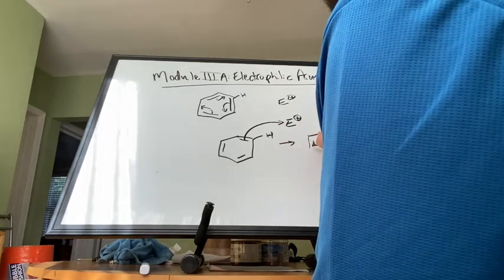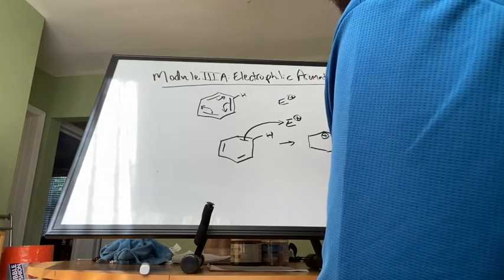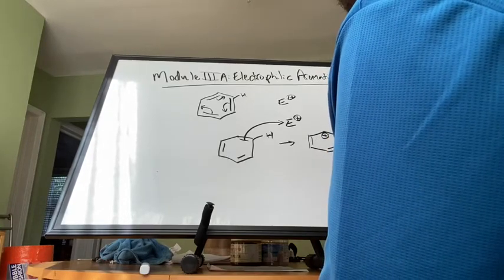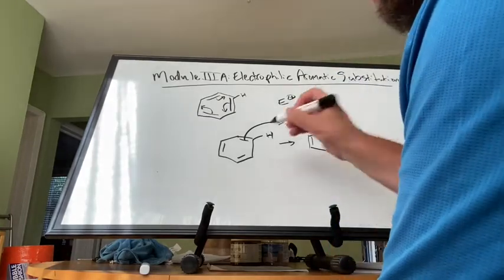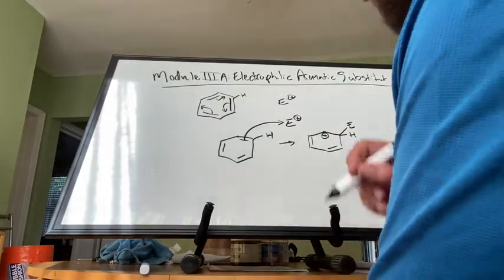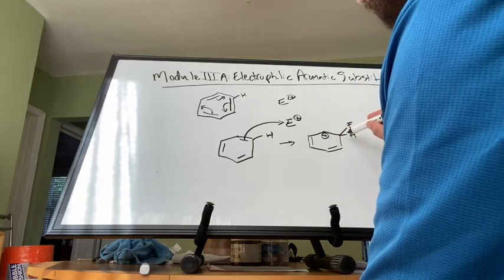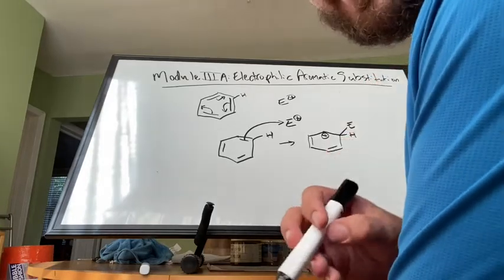Okay, and as a result, you're going to get a positively charged species about the ring. So this electrophile is hanging on the same carbon where that hydrogen is that I've indicated from the first step. Okay, and then by having this positive charge here, it's going to pull these electrons further away from that hydrogen to make it more acidic.